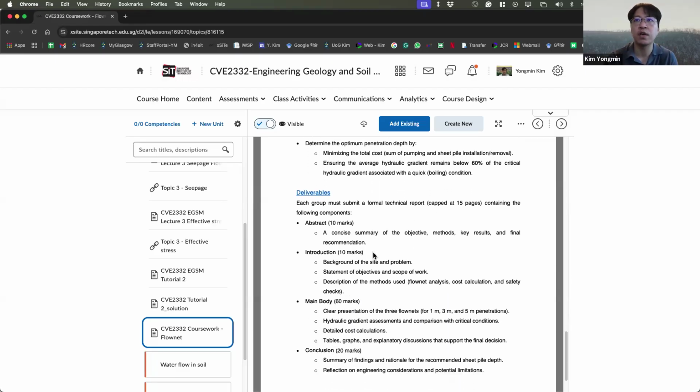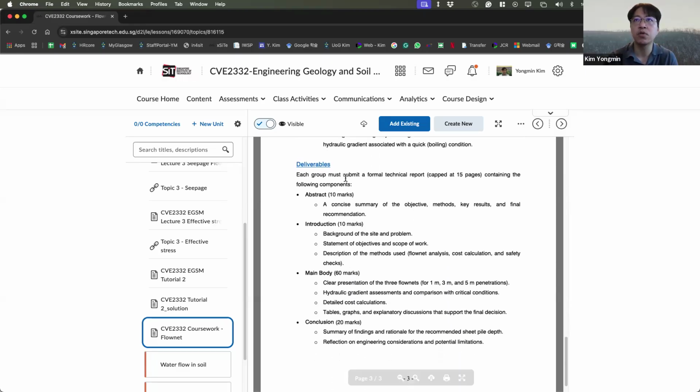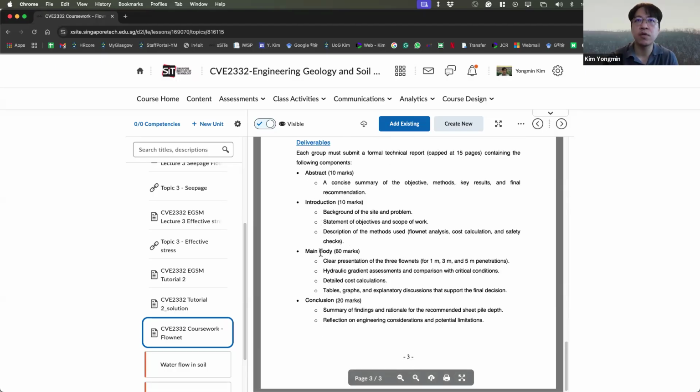So you need to write up a technical report kept at 15 pages, including abstract and introduction and main bodies, the way you find out your optimum sheet pile, and then conclusions.